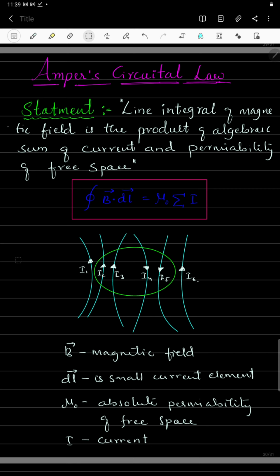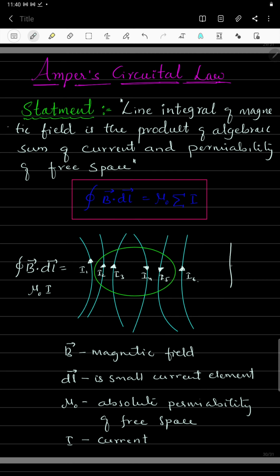Therefore the line integral, or closed integral, of the magnetic field B into a small current element dl is equal to the permeability mu naught into I. We have taken here the summation of I.